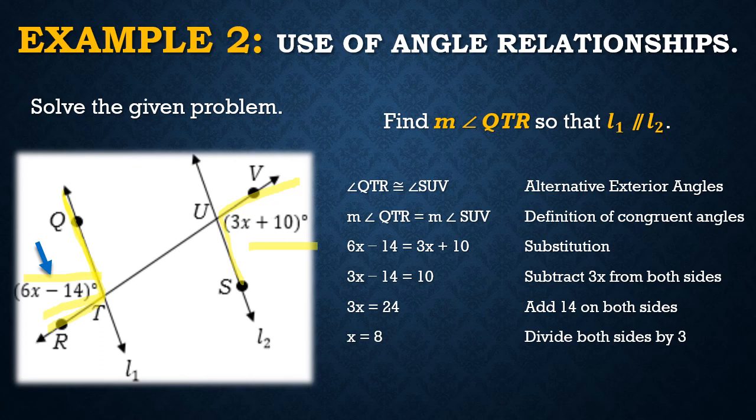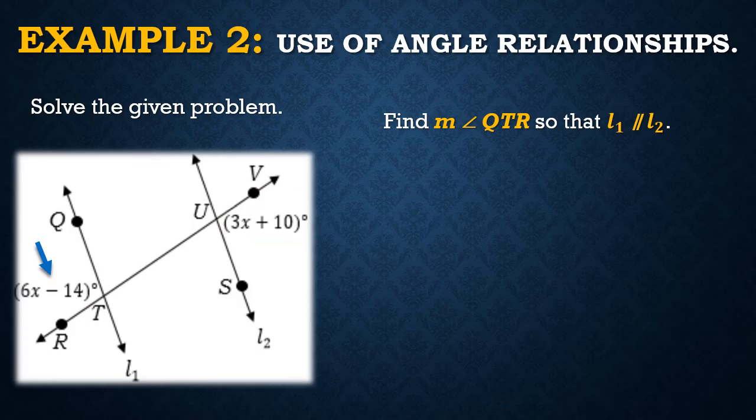To get the value of x, we are going to divide both sides by 3. Then x is equal to 8. Now, the value of x is equal to 8. We are going to use this to find the measure of angle QTR.